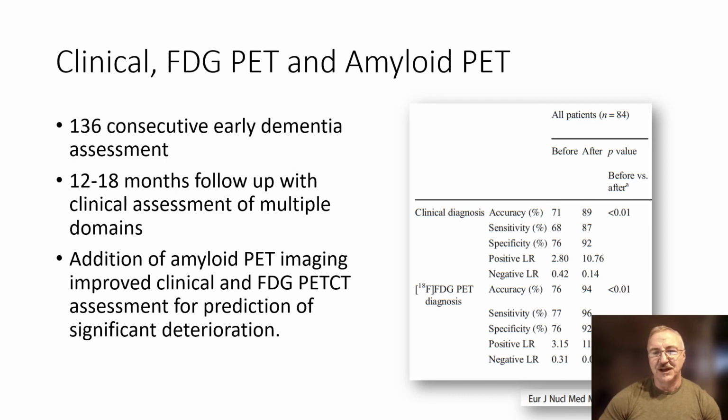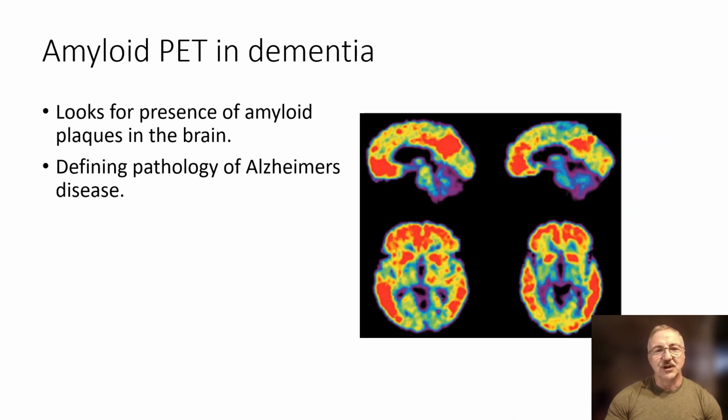I've been involved in amyloid imaging for many years, and it remains a disgrace that this methodology is not freely available to us as clinical practitioners. So really, amyloid PET is predicting the presence of moderate to frequent plaque density as part of the defining pathology of Alzheimer's disease, if you remember one of the previous slides about the CERAD criteria.